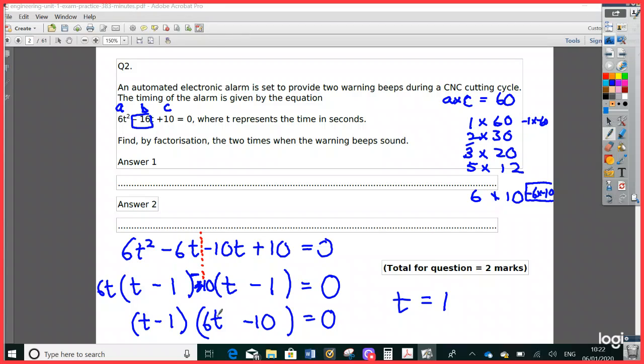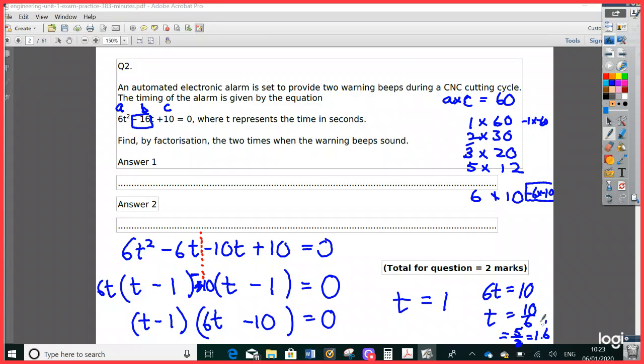So the next thing I'm going to ask you is, what does 6t need to be in order for the minus 10 to make 0? 6t needs to be 10. So t must equal 10 over 6, which is 5 over 3, 1.6 recurring, isn't it?